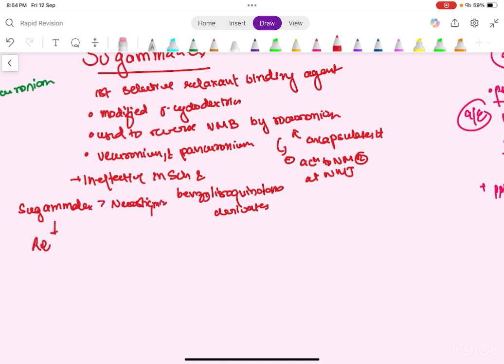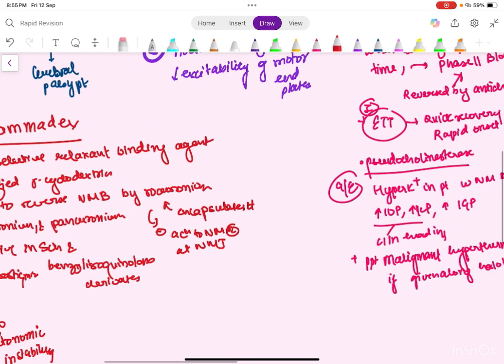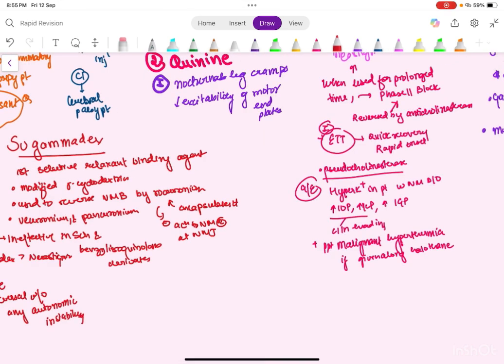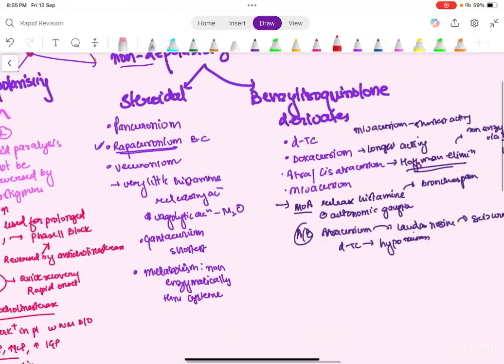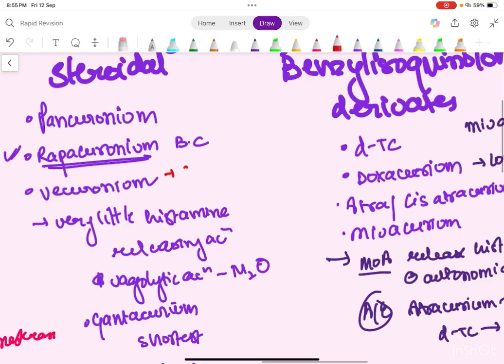It is reliable and there is rapid reversal without any autonomic instability.